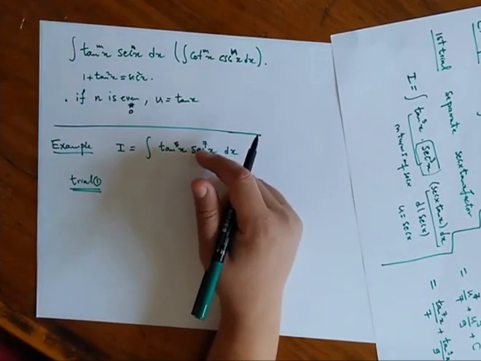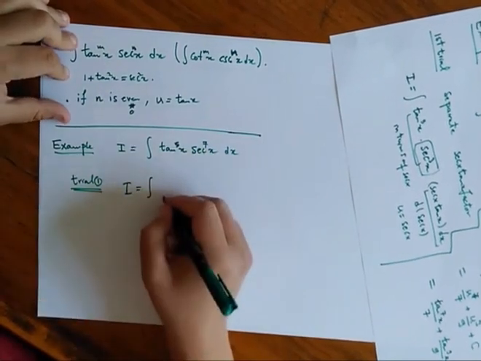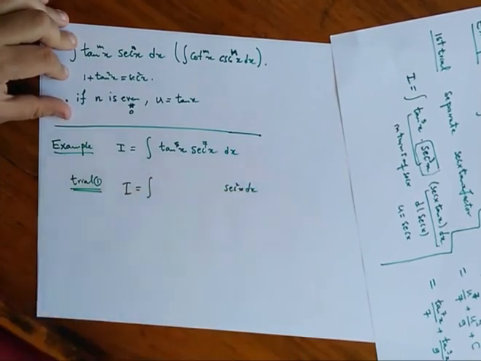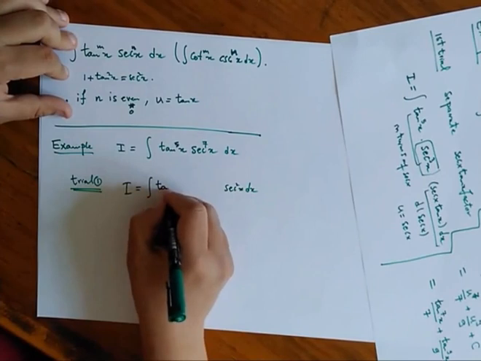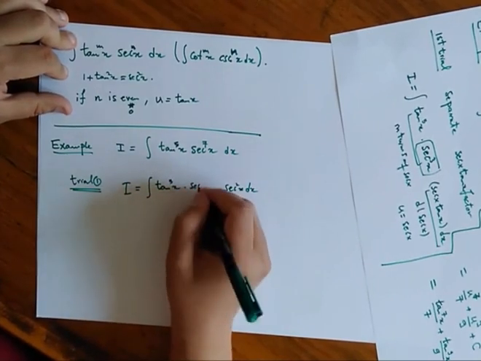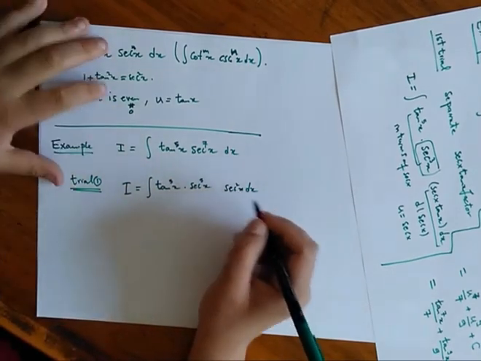So let's see that. Let's have this factor, secant squared x dx, as before, and then here you will have tan to the power 5 times sec to the power 5.